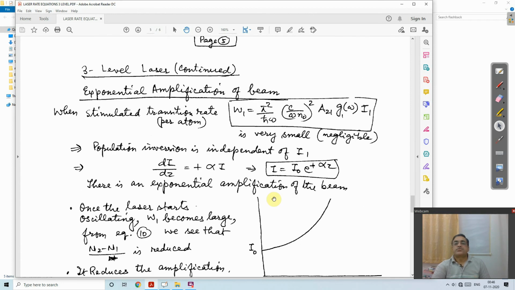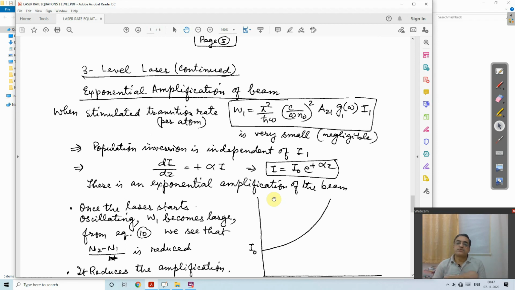Exponential amplification of beam. When the stimulated transition rate per atom, as we have already seen, is very small, negligible, the population inversion is independent of I1, and we see that dI by dz for gain must be like this.